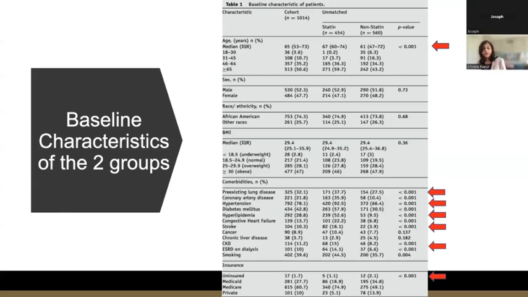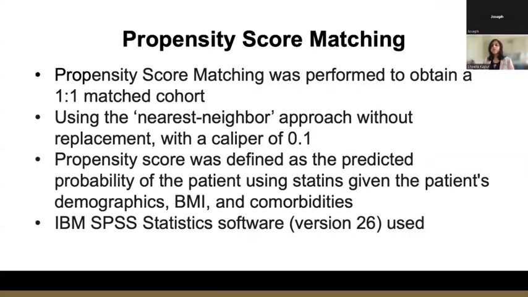So to overcome this, of course, we used the traditional adjustment using a multivariable regression model, but then we went a step further and we also used propensity score matching. This was done to obtain a 1:1 matched cohort.